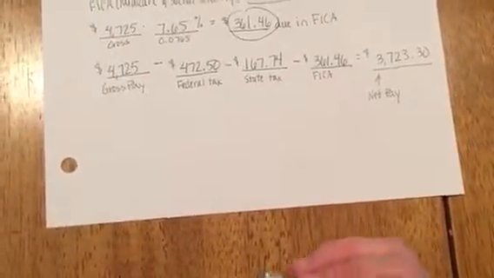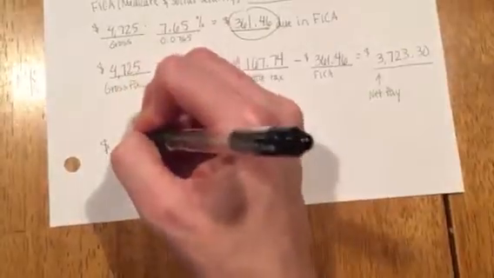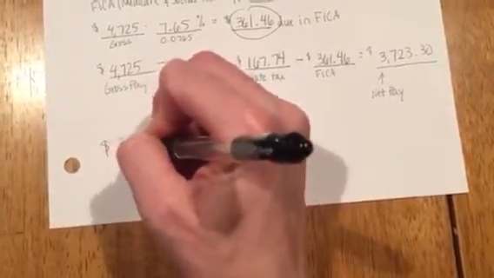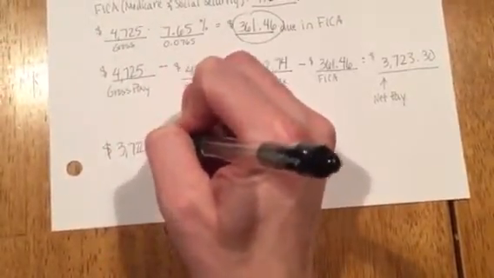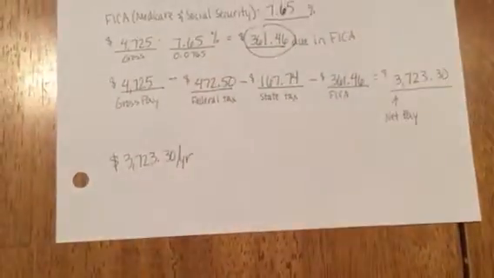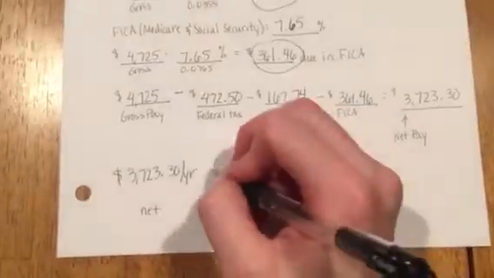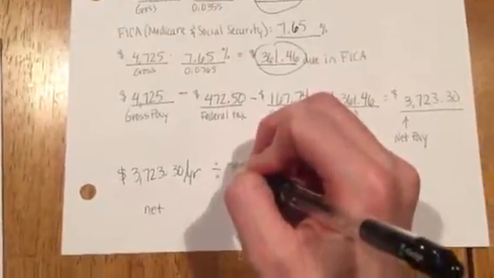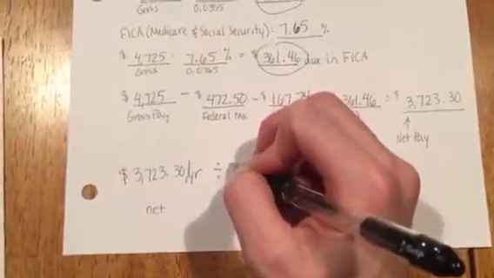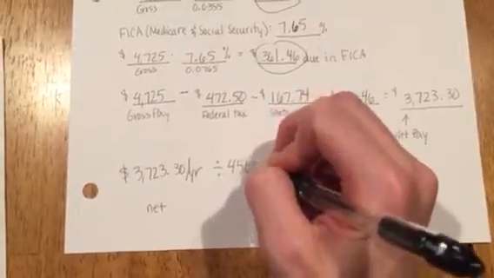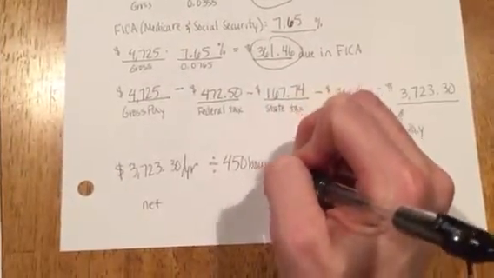There's not a section for this on your paper, but I thought that it was kind of interesting to see, if you made $3,723.30 a year, that's your net take-home pay, and you divide that by the total number of hours that you worked, which, according to what we figured out earlier, this person worked 450 hours this year.